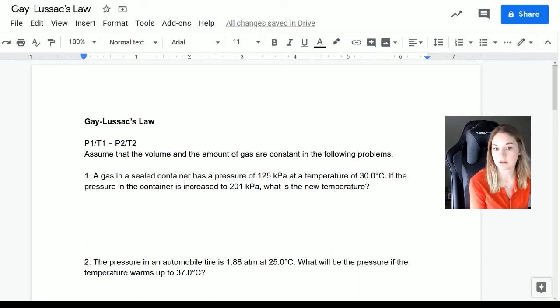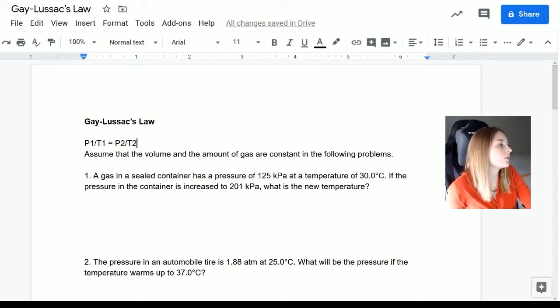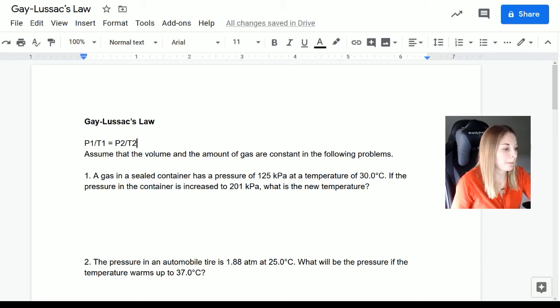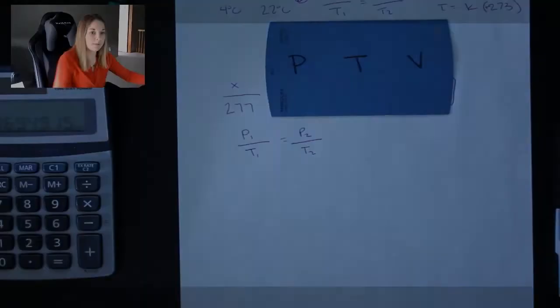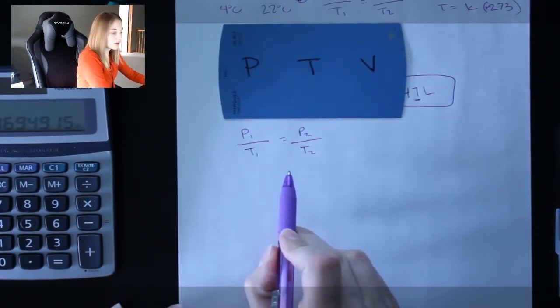So it's in Kelvin. So our first one says that we have a gas in a sealed container and it has a pressure of 125 kilopascals at a temperature of 30 degrees Celsius. If the pressure is increased, that's what you're going to do with your little sheet that you've made for PTV, to 201 kilopascals, what is the new temperature? So just to show you where I'm at over here, this is my equation I'm using.